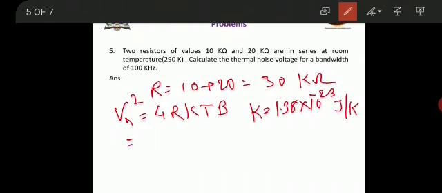Substitute all these values and you will find this noise voltage is 6.93 microvolt.